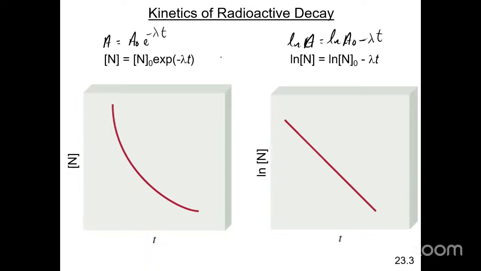We can write these two expressions because A is equal to lambda N. In other words, A is directly proportional to the number of nuclei. So therefore, we can replace N with A in each of these equations. And that's important too, because I think we're going to see one or two problems where we can do that, all right?